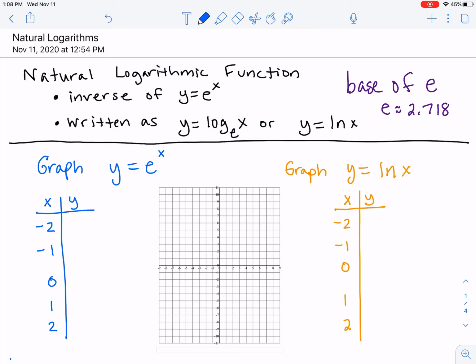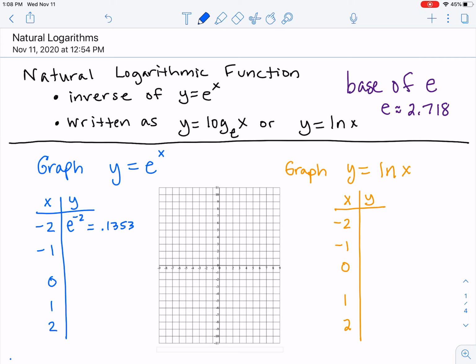So if I'm going to graph y equals e to the x, that is the exponential, I'm going to plug in -2. Well, e to the -2 power, that would be 2.718 raised to the -2, which is about 0.1353.